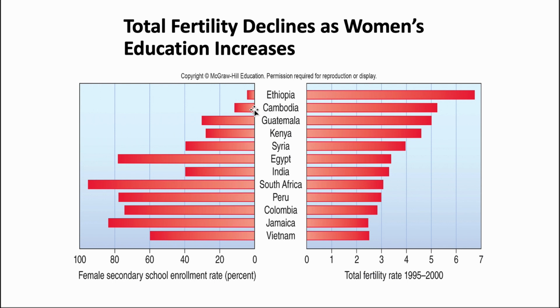So in places like Ethiopia, Cambodia, and Guatemala, and in parts of Kenya, female secondary school enrollment is down, and that actually correlates to many socioeconomic things, but ultimately their fertility rate is higher.